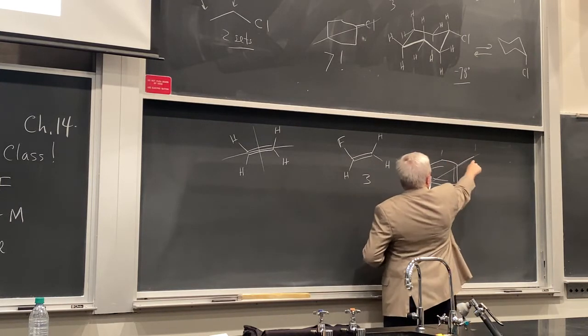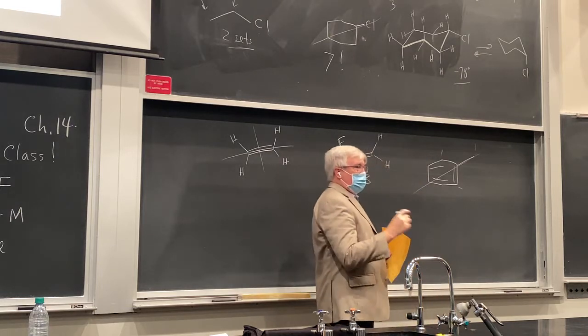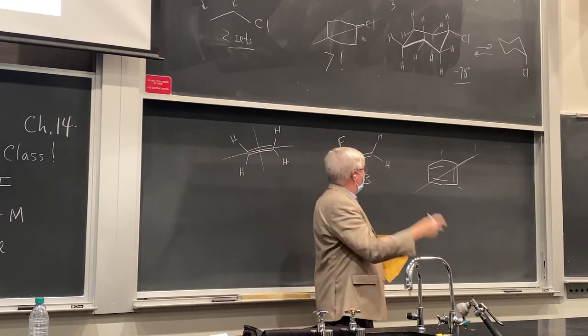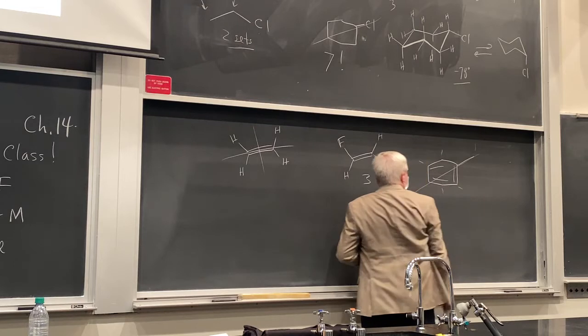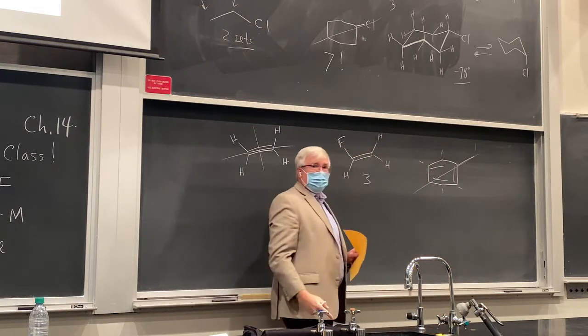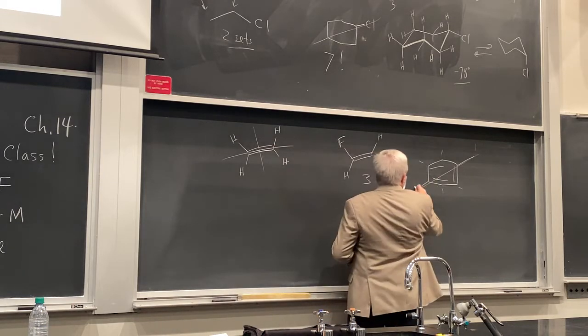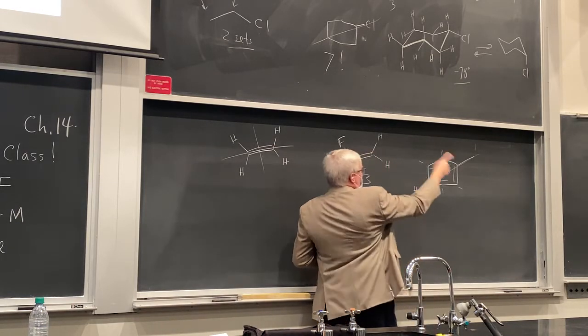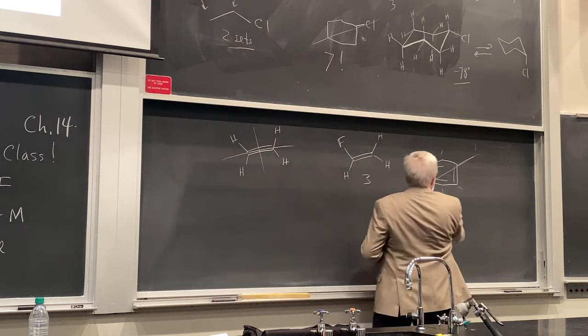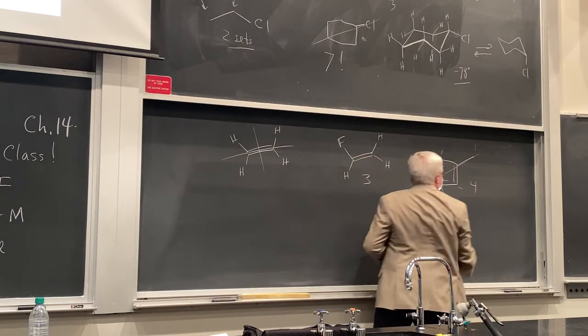So these 2 that are adjacent to the methyl will be another set. So we're up to 2. And then these 2 here are 2 carbons away from the methyl. That's your 3rd. And then this one here is distinct still. So how many? 1, 2, 3, 4 sets.